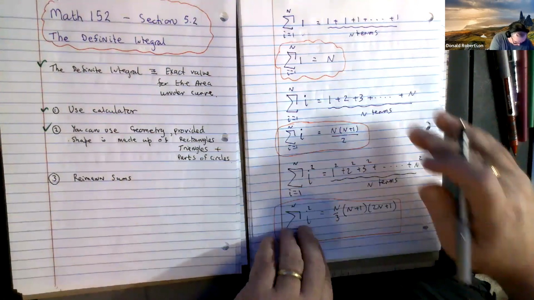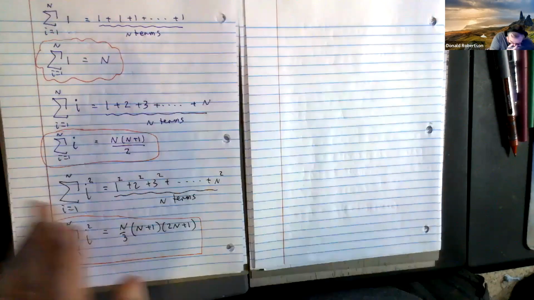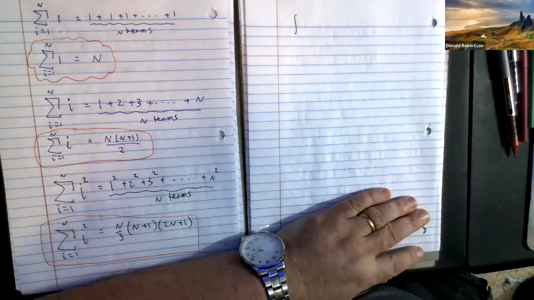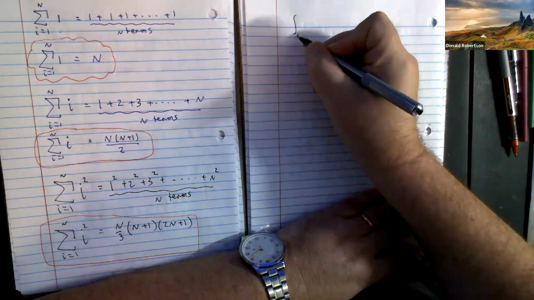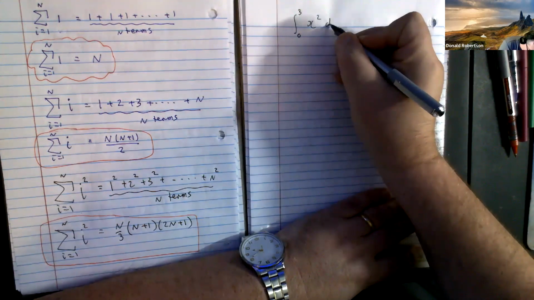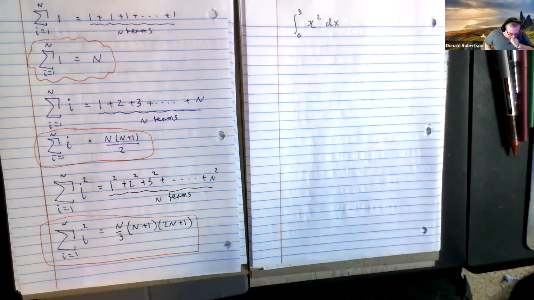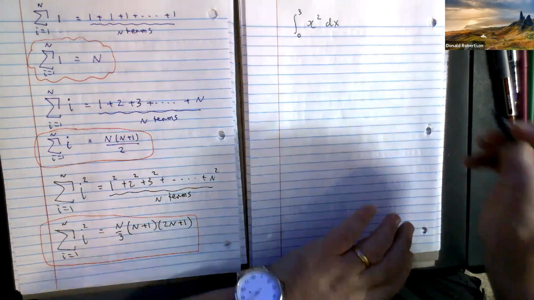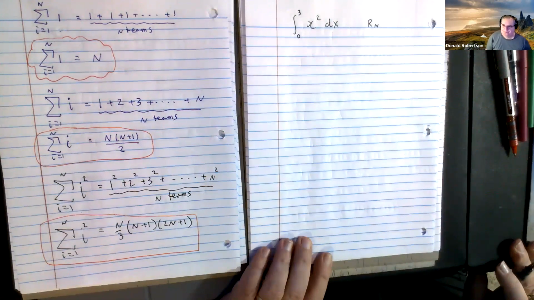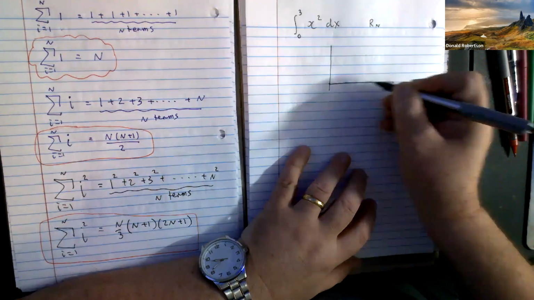Now, how are these guys going to help me to find the exact area under the curve? Well, I'm going to pick a function, and it's going to go from 0 to 3, and the function is going to be x squared dx. And I am going to use Rn, the right endpoints. So if I draw a little sketch of what that might look like.